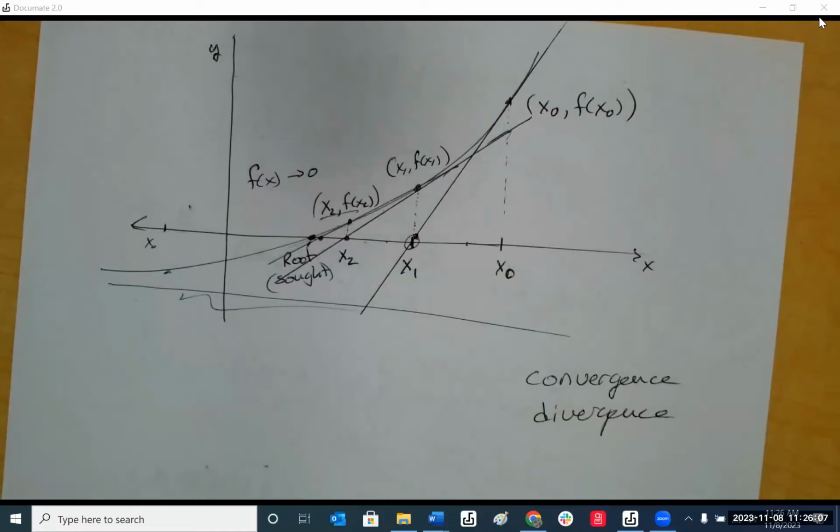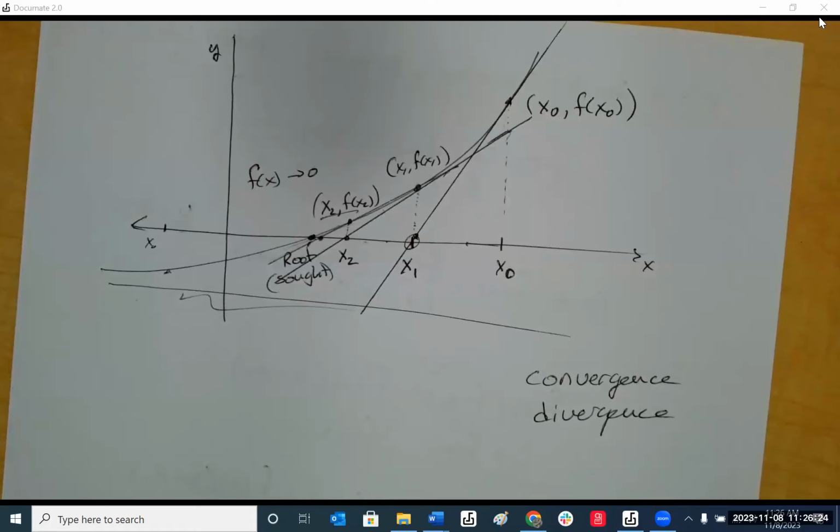When you plug that value of x into your initial guess, let's say it is x0, and then you plug it into that formula, x n plus 1 equals x n minus f of x over f prime, then it gives you your next value.